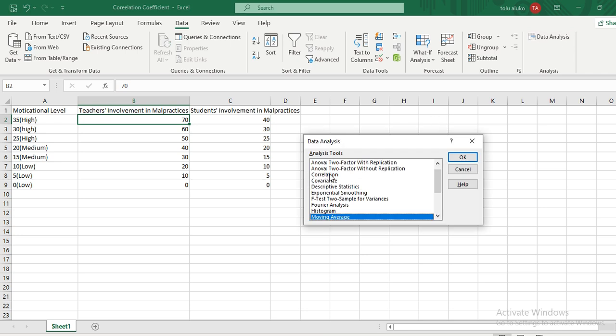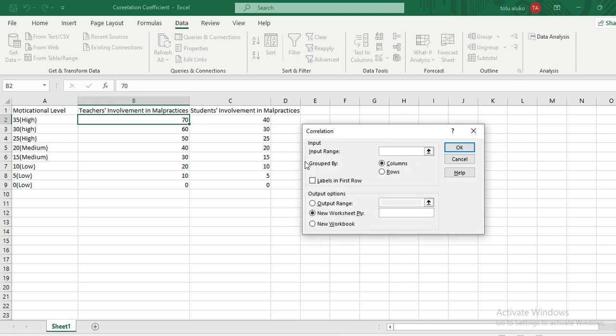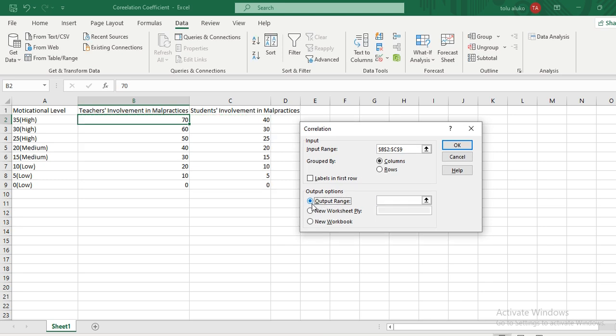and I will find correlation, to find whether my data set is between 1 and -1. Okay, the range now, I will input my range, then the output, I want the output range to be here and I want it to be here.